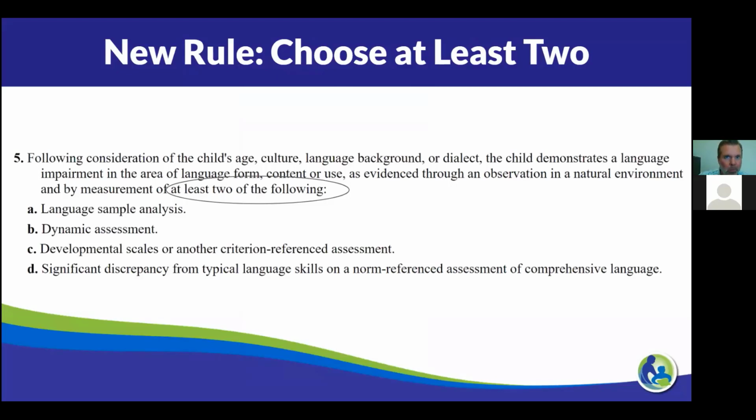So I'm not going to read it directly to you, but the old guidance document that we had, your first stop was performance on 2 norm reference tests. The revised criteria now say you need to choose at least 2 of the following. And we have this battery of tests that we have available.